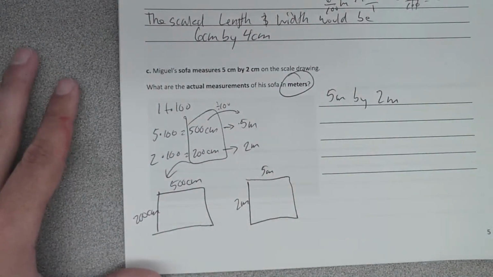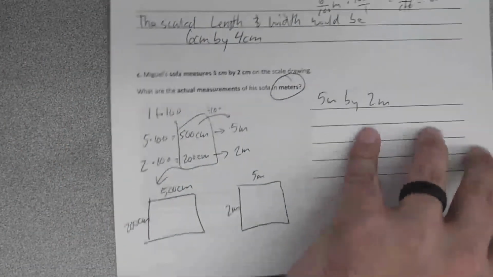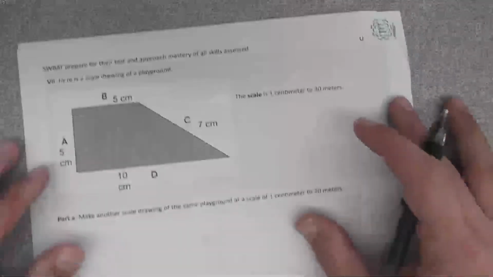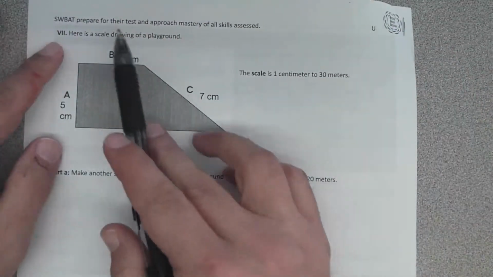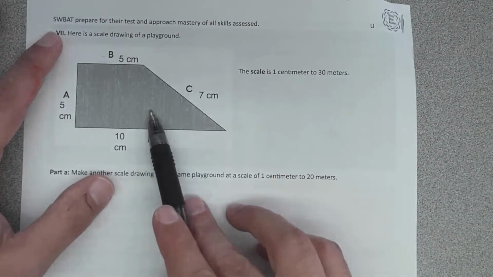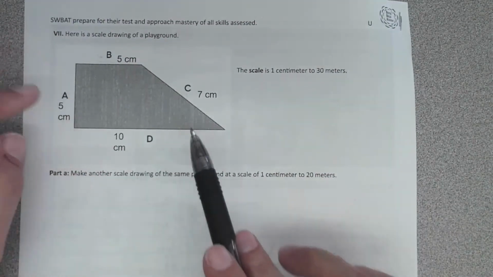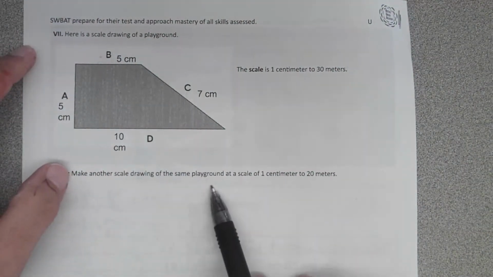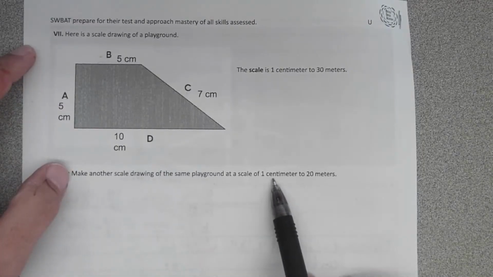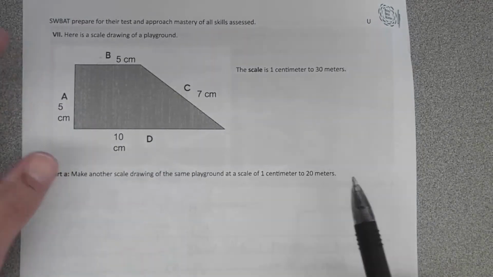Boom. And now we're going to move on to our last question here, where it says, here's a scale drawing of a playground. The scale is 1 centimeter to 30 meters. This says to make another scale drawing of the same playground at a scale of 1 centimeter to 20 meters.